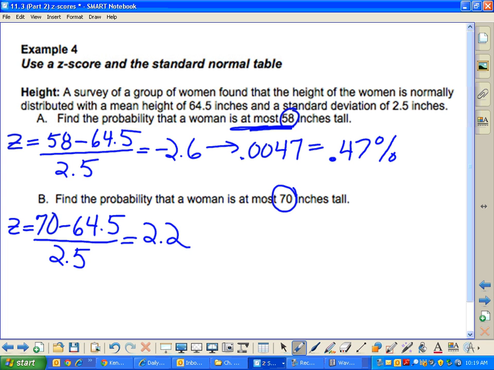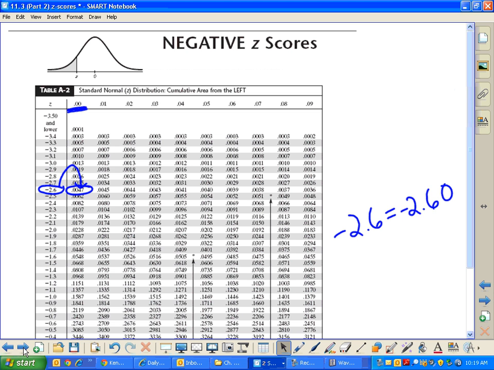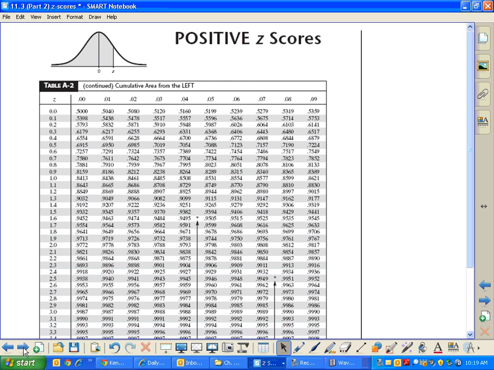So now I have to go to my standard normal table and look up a positive z-score of 2.2. Keep in mind, the negative side was for below average heights, and now I have to go to a positive z-score, so I'm going to flip the paper over. Now I need to look up a z-score of 2.2, which equates to 2.20 to the hundredths place. So 2.2 is here.